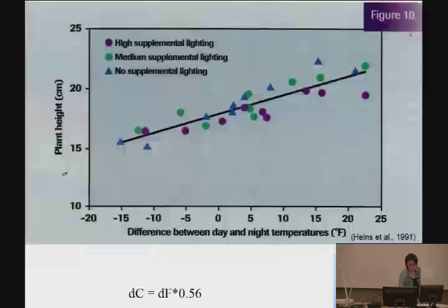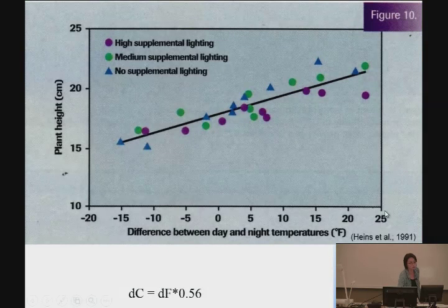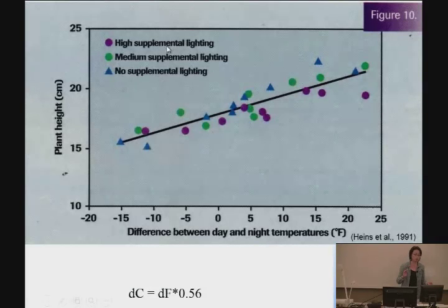So this one is the plant height plotted over the diff. So the diff is the negative value all the way to positive value, right? And then they also looked at the interaction between temperature and light, and they didn't see interaction between temperature and light.